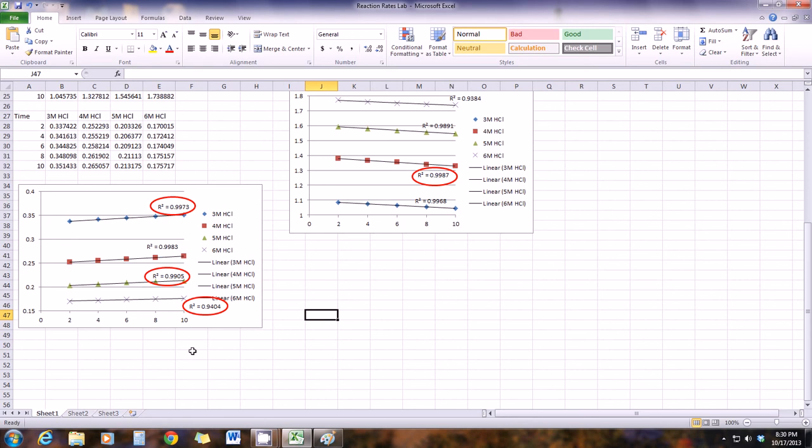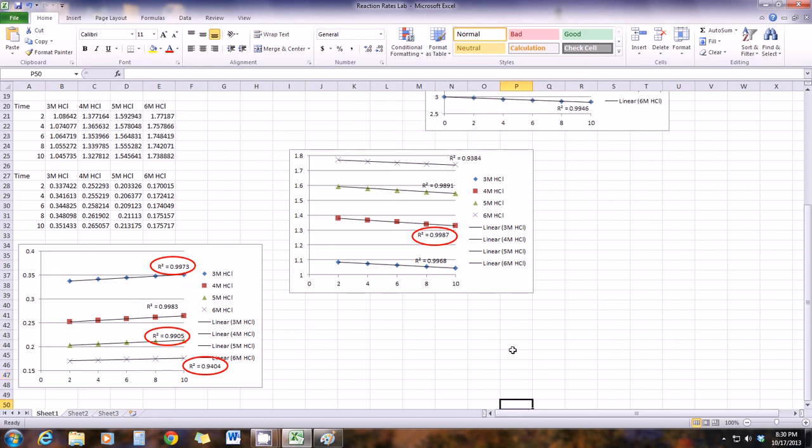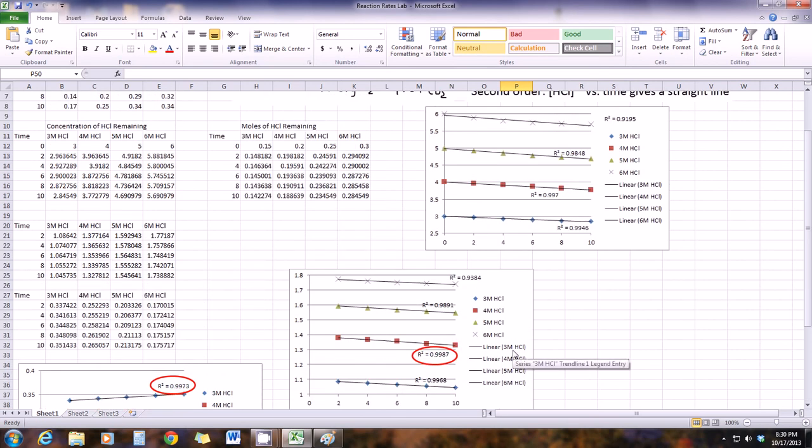Alright, so that's the largest R-square value of the three 6 molar hydrochloric acid graphs.